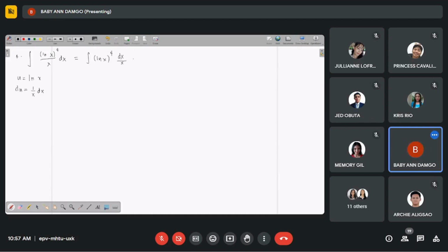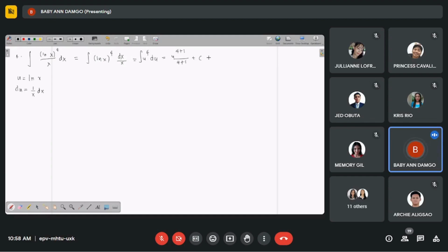Okay? So, apply the substitution. u is ln x, so we have u to the 4, and then dx over x, which, as earlier, is just equal to du. Okay? So, apply the power rule for integration. We have u to the 4 plus 1 over 4 plus 1 plus c.